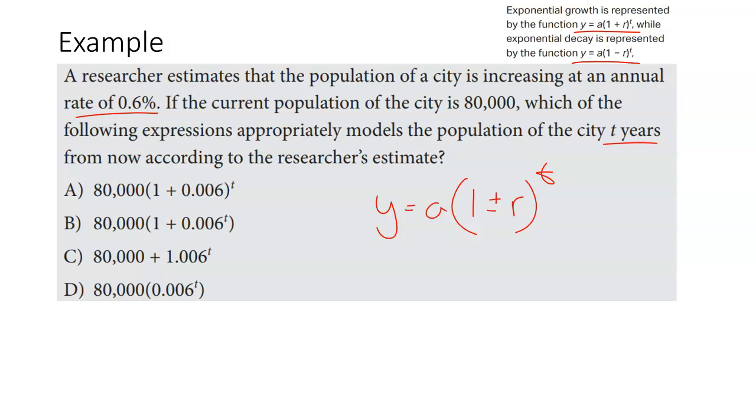A represents the starting amount. Okay? Whatever it is that you start with. If we're talking about population growth, it's the initial population. You'll also see these types of equations in problems about bacteria growth.